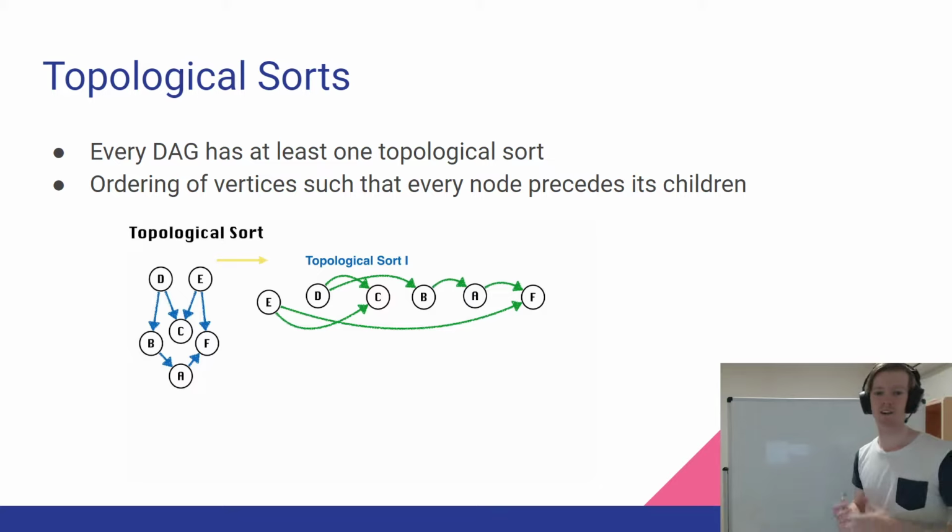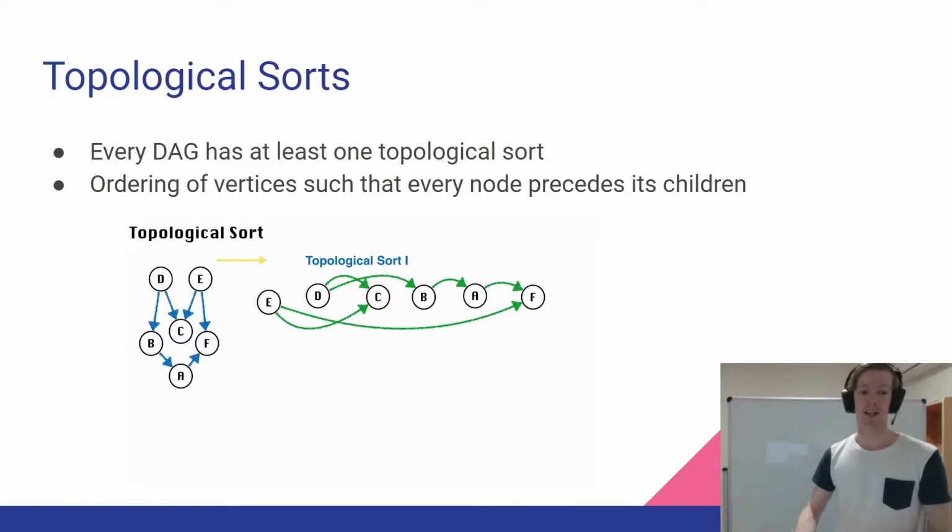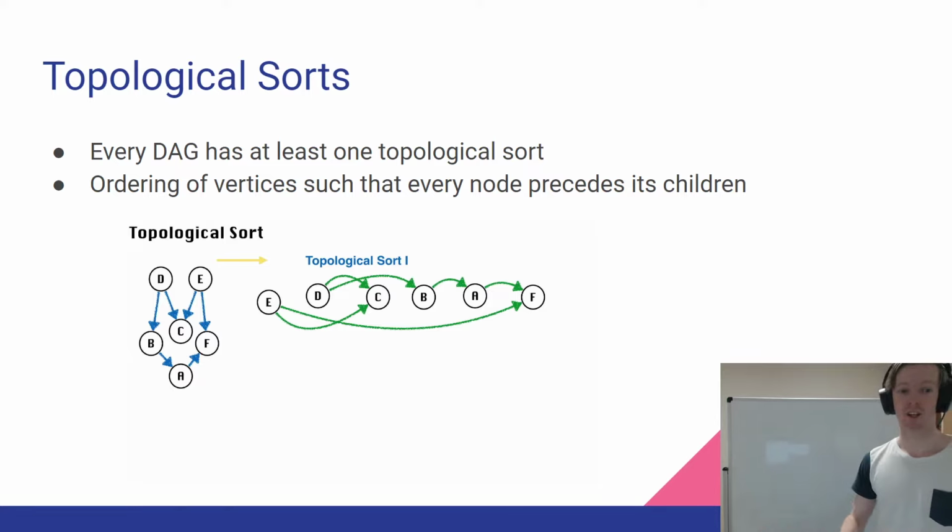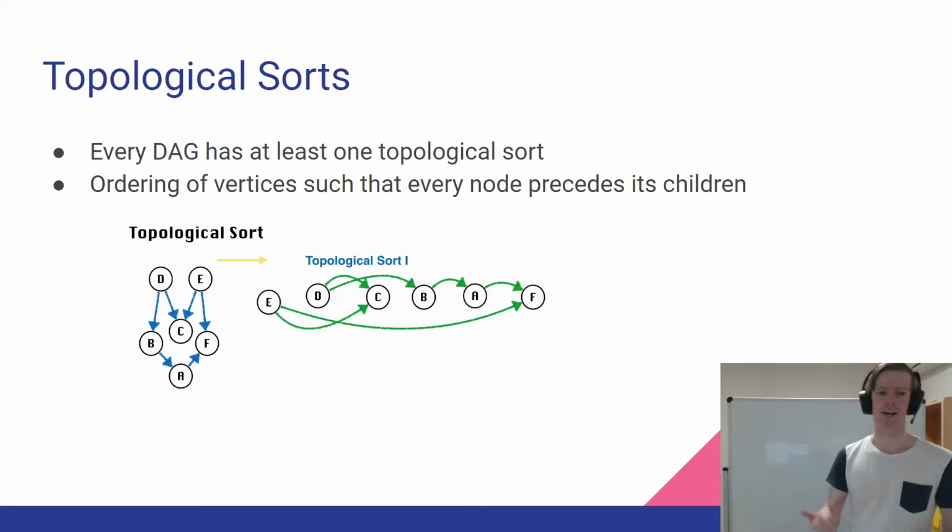For instance, in the slides here, E has the children C and F, or another way to put it in dynamic programming is they have the dependencies C and F. D has the dependencies C and B. C has no dependencies. B has dependency A, and A has the dependency F, and F has no dependencies. So we end up with this topological sort, as can be seen.